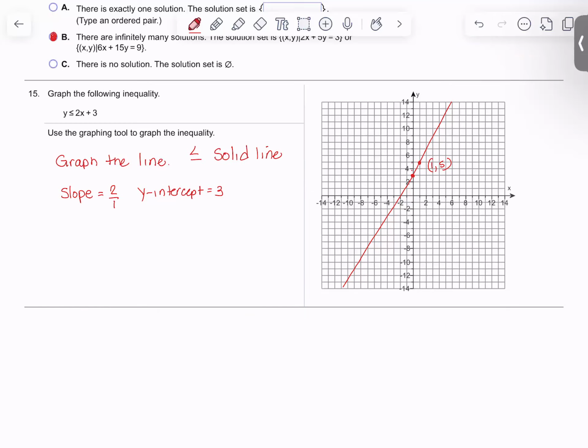And one of the easiest ways to determine if you click the bucket above the line or below the line is to look at a test point. So typically you pick 0, 0 because it's just the easiest point to substitute into the inequality. So we're going to pick a test point.